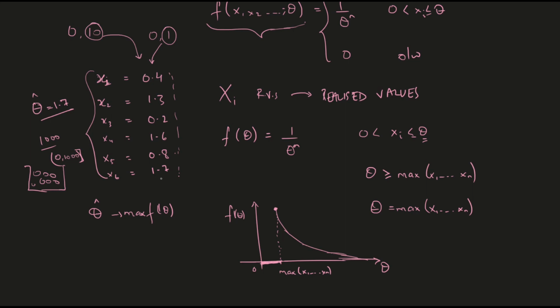Now it would be very, very unlikely to obtain such a sample from a uniform distribution of 0 to 1000, as compared to a uniform distribution from 0 to 1.7. That is what it really means, intuitively, to have a maximum likelihood estimate for a distribution such as this.